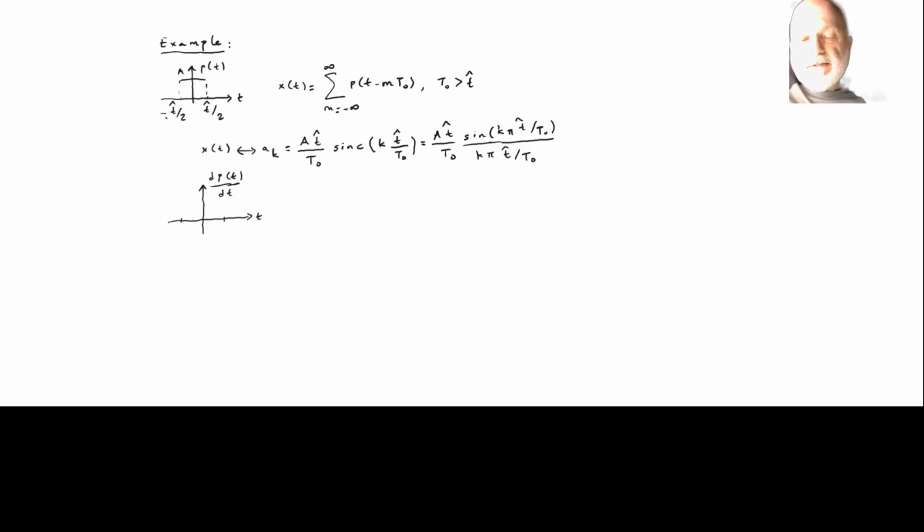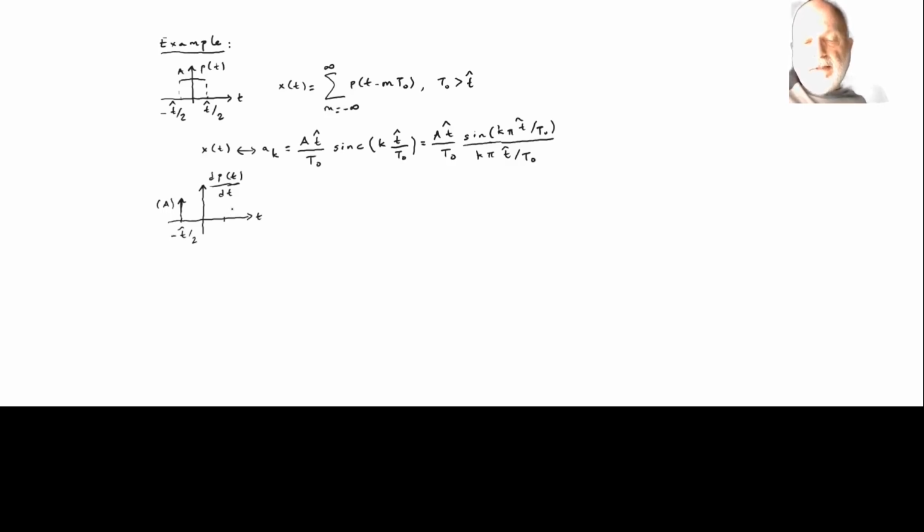Now at minus T cap over 2, the function jumps from 0 to the value A. So it is a positive jump. Therefore, it's an impulse with a positive strength, which we denote by A. So this is the impulse at minus T cap over 2.